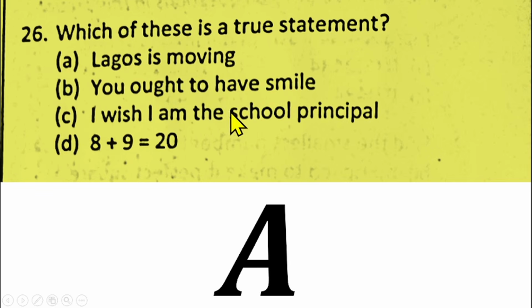"I wish I am the school principal": we cannot assign true or false to this, likewise the previous one. But 8 plus 9 is equal to 20. That is false. So that means option D is the right answer because the truth value of this is false. So that makes option D the right answer for question number 26, not option A.